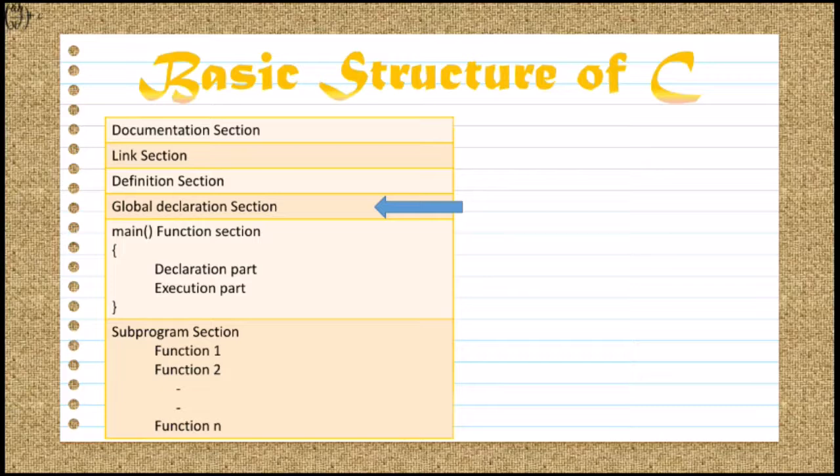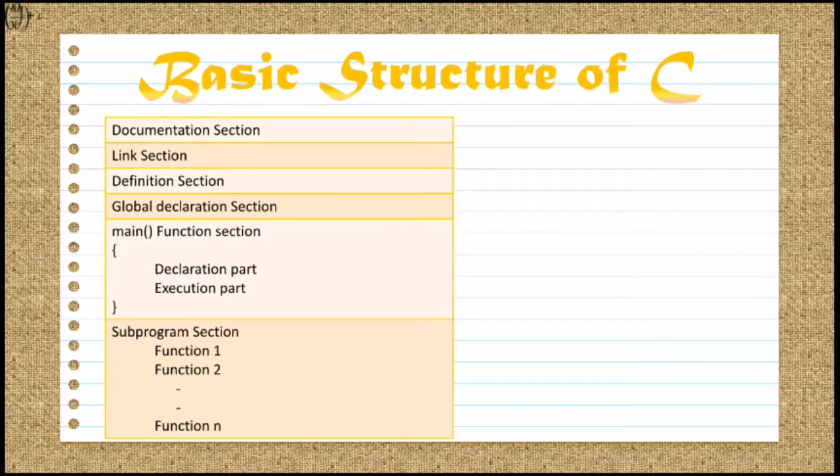So if you want to use the same variable name in different functions, instead of declaring the same variable names separately in two different functions, we can declare it only one time in the global declaration section. This section also declares all the user defined functions. What are user defined functions? We will see in the next section.